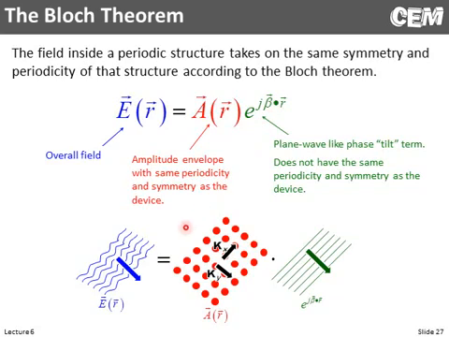I like to describe it this way: the overall electric field in a periodic structure looks like a bumpy plane wave. We can decompose this into an amplitude envelope, so these will be the bumps, if you will, and then we have this plane wave looking thing, and the product of the bumps and the plane waves gives us our bumpy plane wave.